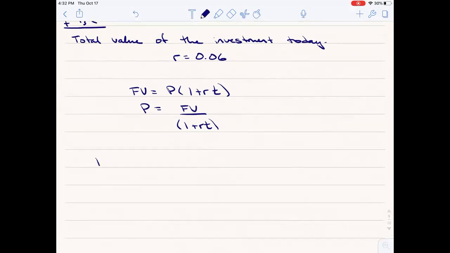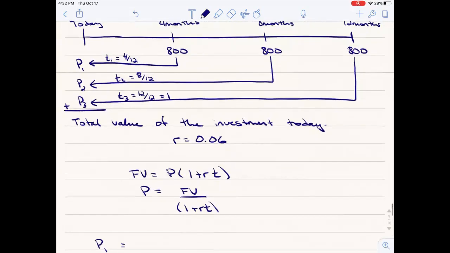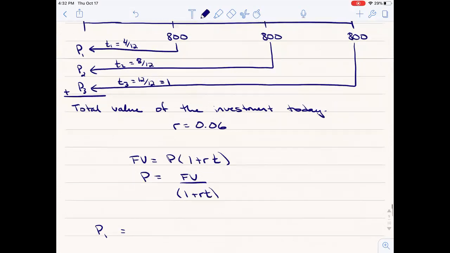So now I can say that the future value of P1 is 800. In this case, all the future values are 800, but later on the future values can be different, so you really want to keep these things straight.